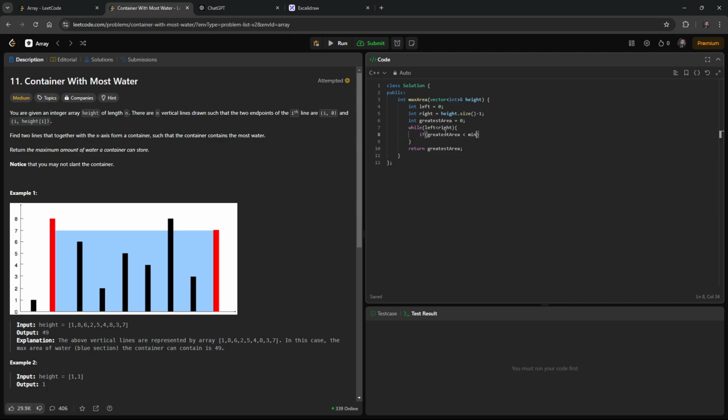So there is a function named min, right? Min of height i, height j, times. Was I doing max something, right?